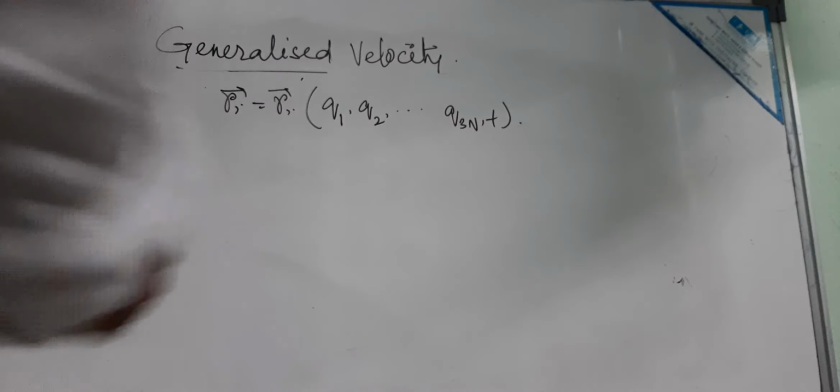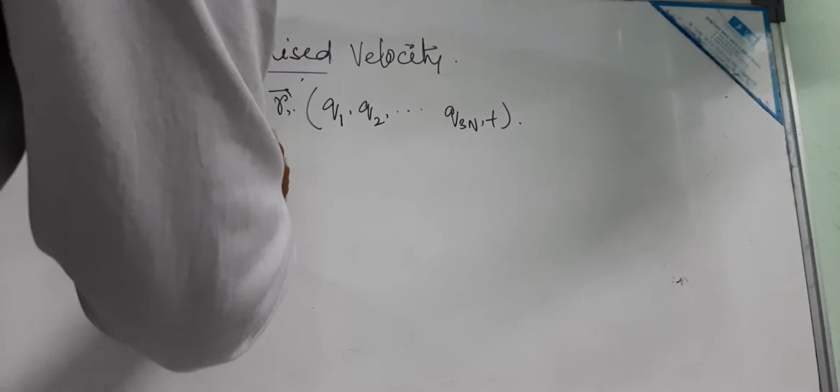The position vector ri is a function of the generalized coordinates q1, q2 up to q3n and time.